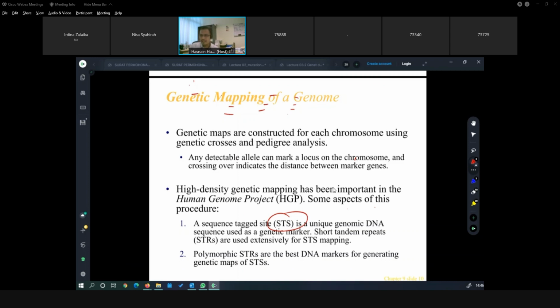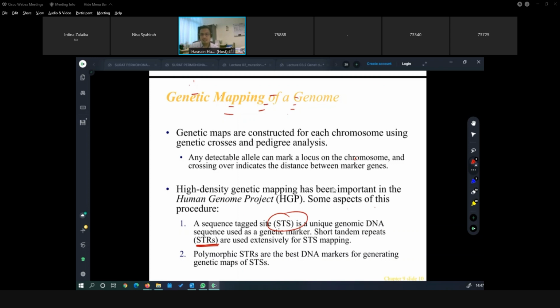Another name is short tandem repeat, because a short tandem repeat is actually not a gene. Whatever sequence information that is unique to a certain locus or position on the chromosome can be a marker.